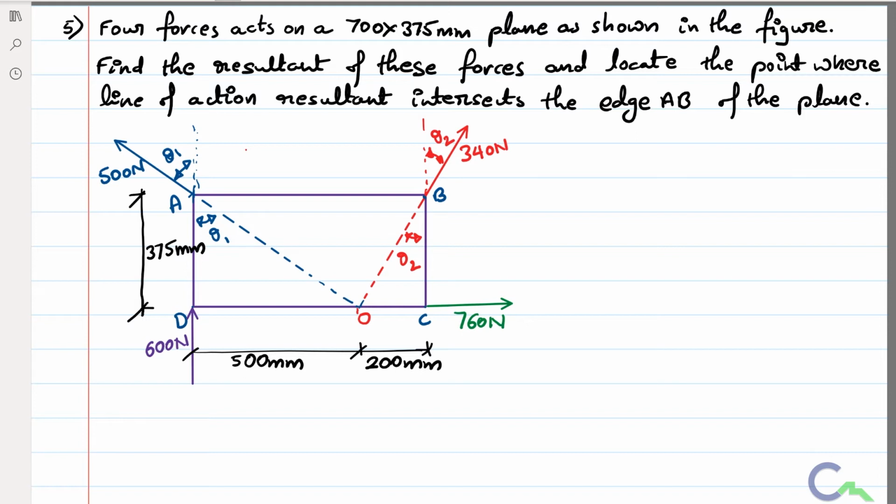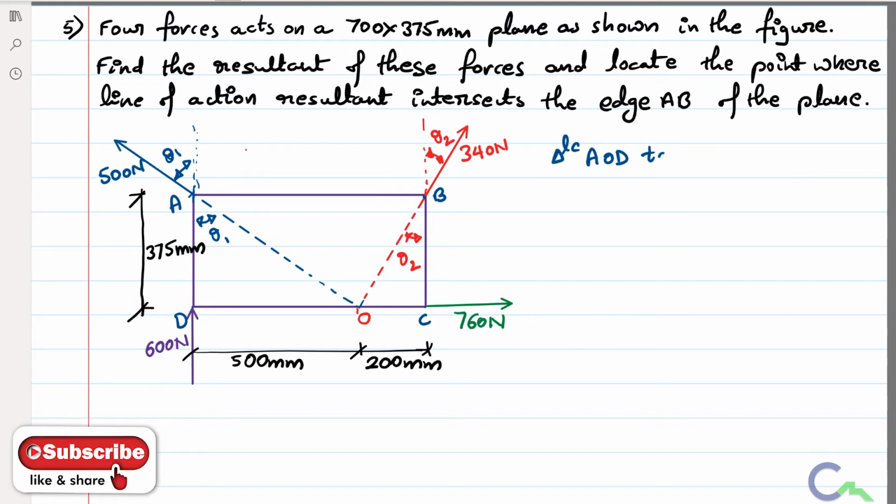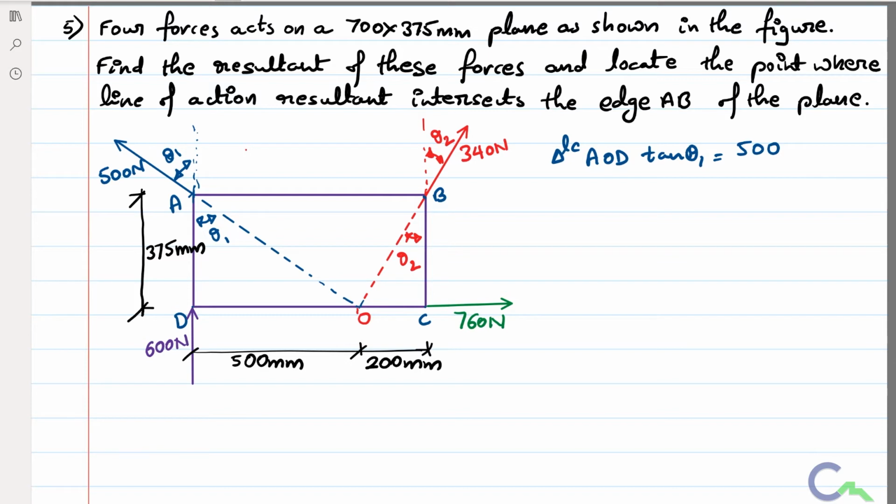To calculate theta 1, I will use the triangle AOD. In that, tan theta 1 is equal to opposite 500 by adjacent 375. If I do the calculation, I will get 53.13 degrees.